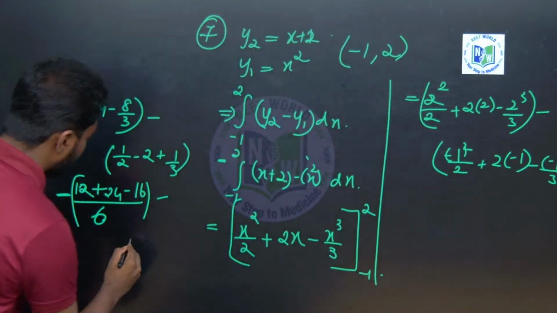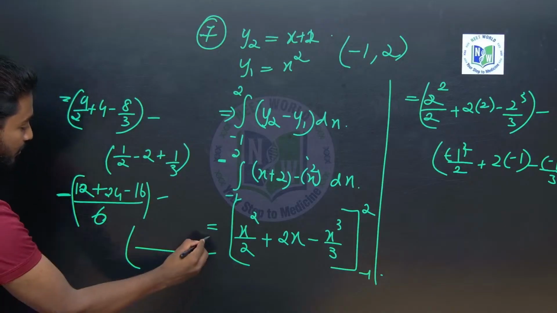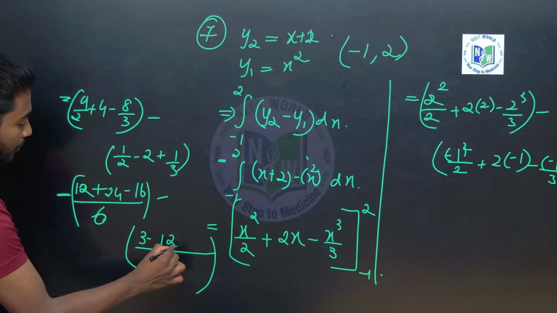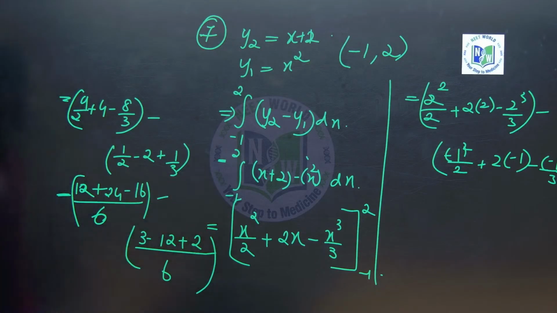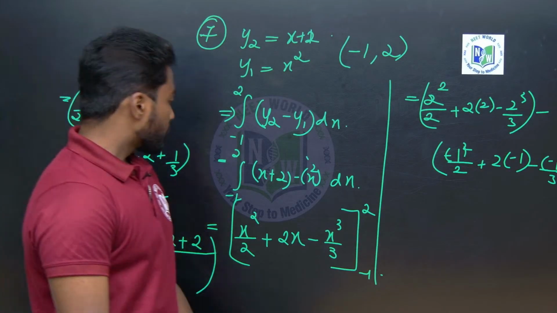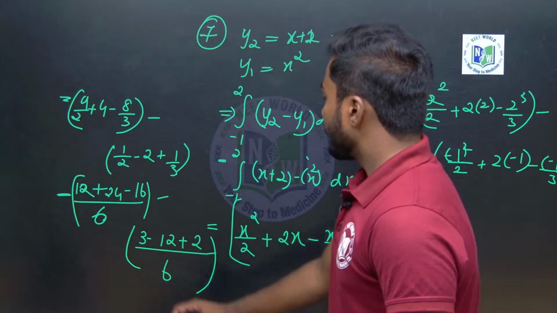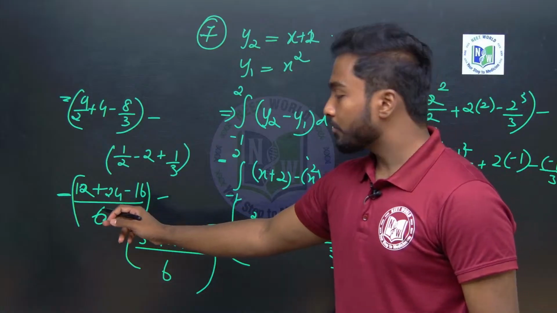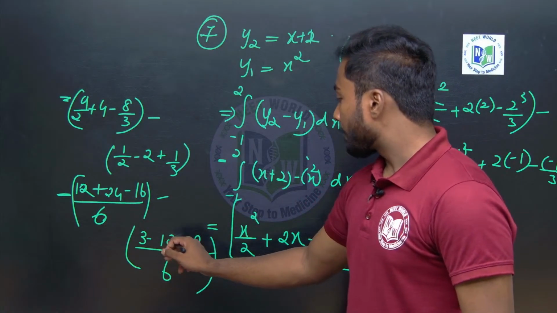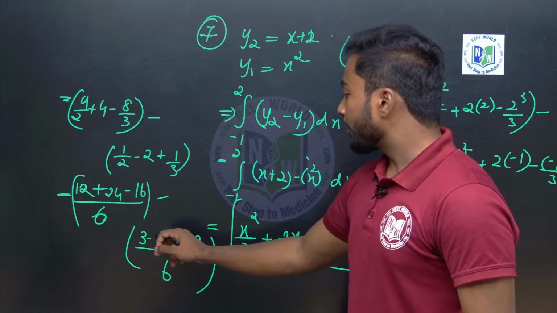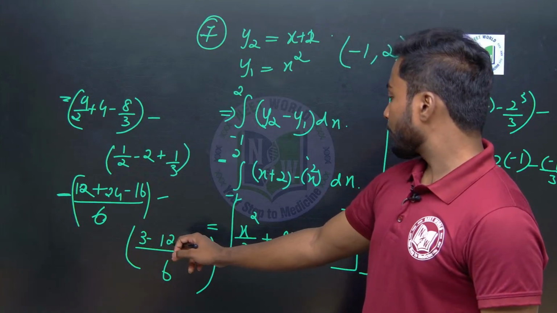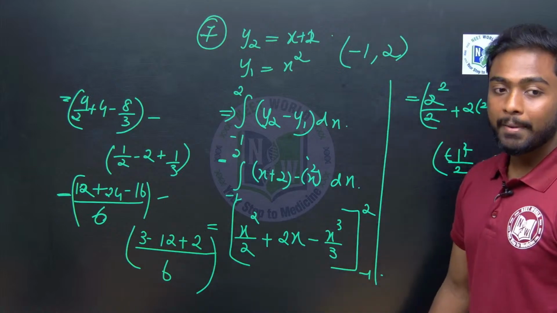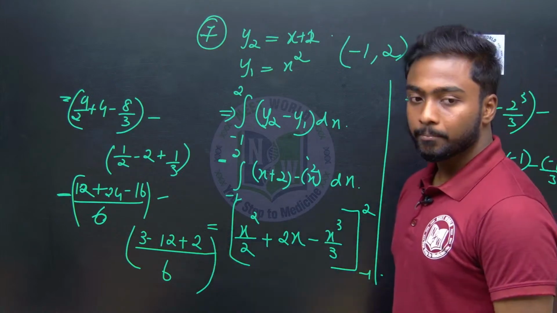Minus, again denominator 6, this is 3 minus 12 plus 2. So 24 plus 12 is 36 minus 16 is 20, and this one is 3 minus 12 plus 2, that is minus 7 by 6.